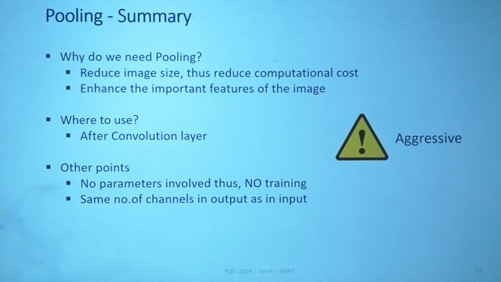This pooling is very aggressive. If we do this aggressive downsampling with increased filter sizes, 5 by 5, 3 by 3, 7 by 7, likewise, you are going to lose very fine, important information from the data. So don't do like this.